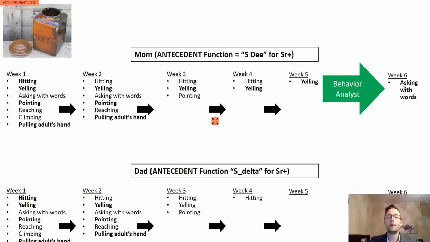In the presence of mom, these topographies produced access to cookies. In the presence of dad, none of those topographies produced access to cookies. So as a result, dad is now an S delta, which abates asking for cookies, and mom is an SD, which evokes asking for cookies. Just throwing those terms out, we're going to talk about them going forward here.